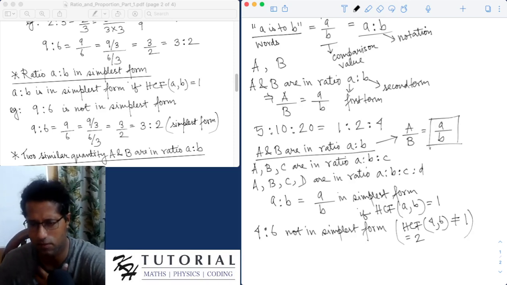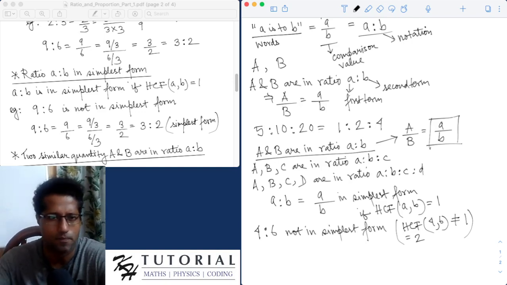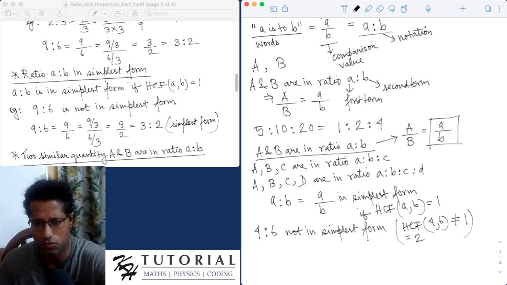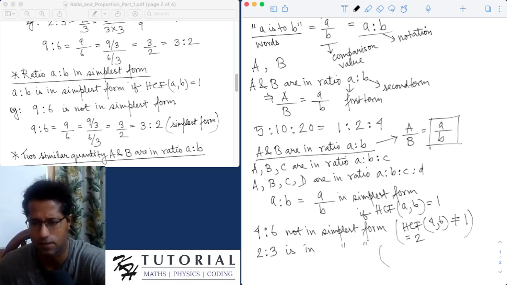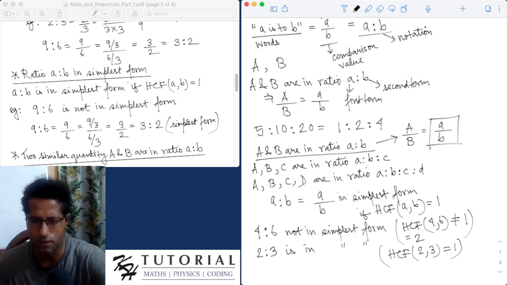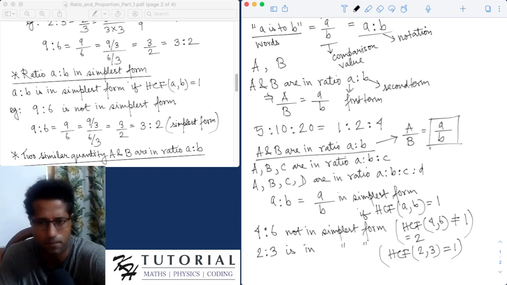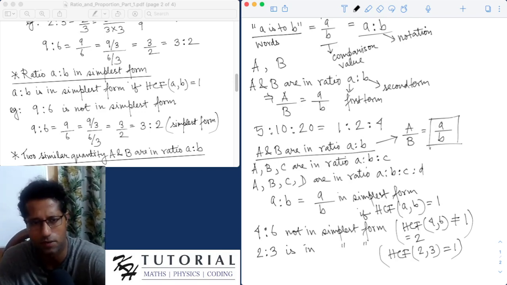So the ratio 4:6 is not in simplest form. But the ratio 2:3 is in simplest form, as the HCF of 2 and 3 is equal to 1. Usually, in a problem, a ratio is given in simplest form, though it is not mandatory, but usually in all problems the ratio will be given in simplest form.